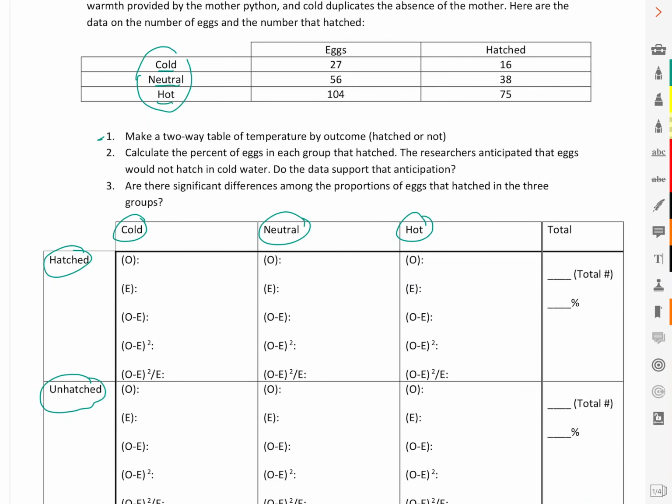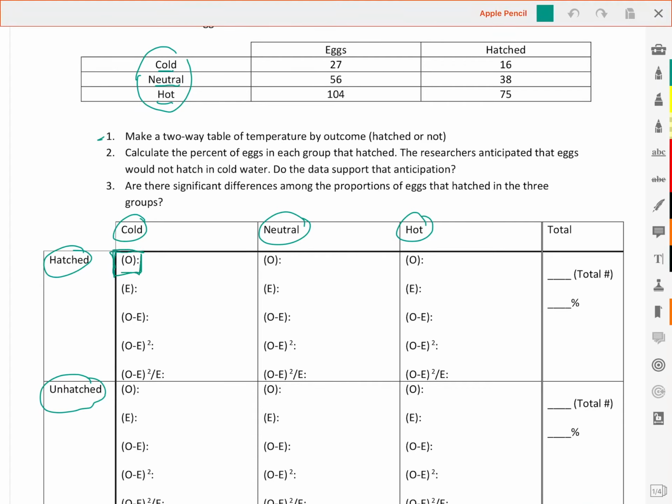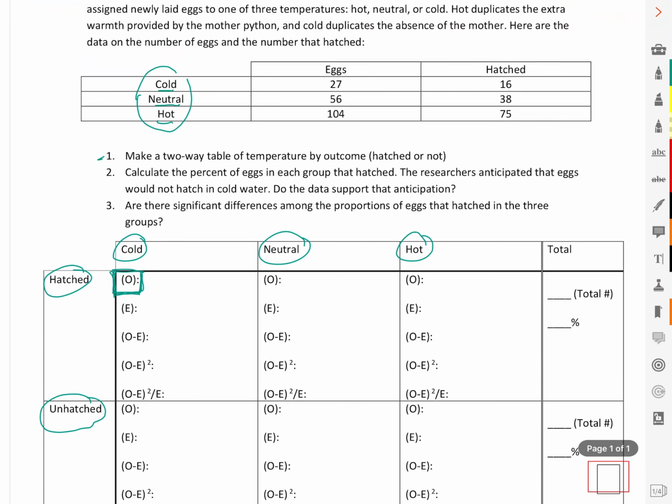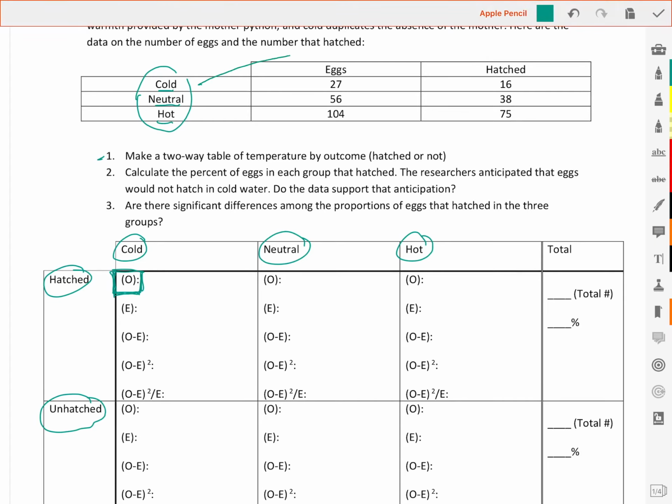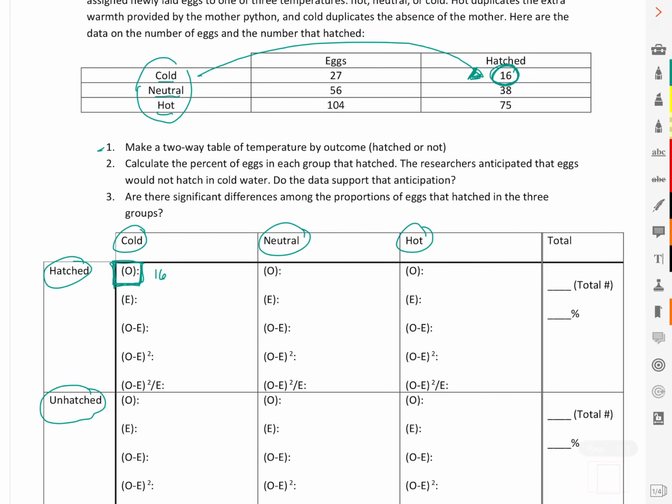Okay, so the first thing I'm going to ask you is to put our observed values into the table that we see. Let's take a look at, for instance, this cold hatched box right here and ask the question, what number is going to go in here? Well, to do that, we simply look up on our table and we start with the cold, go to the hatched, the cold hatched, and we observe that 16 of these eggs actually hatched.